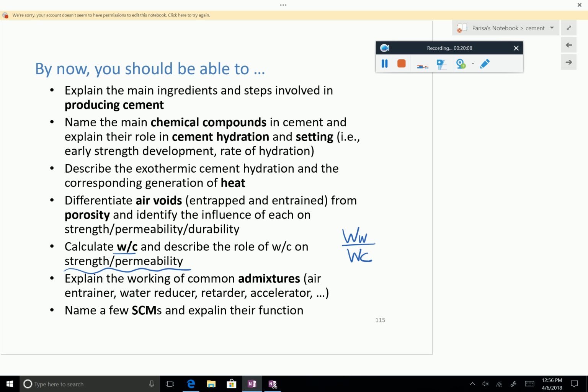Explain these different admixtures that we discussed: air entraining agents, water reducers, retarders, and accelerators. Have an idea in what situations each one is used. And it's important that you know some of the supplementary cementitious materials, and know their functions and why they're being used.